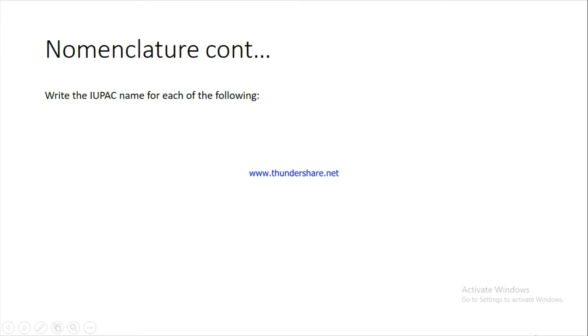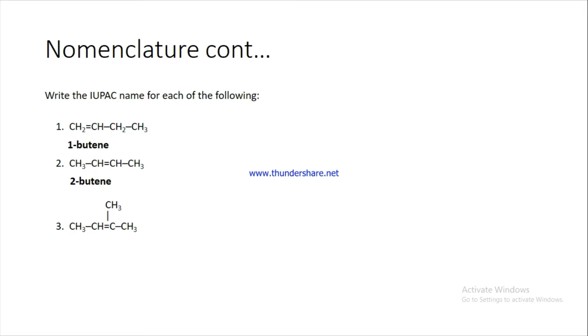We'll continue with our naming. If you can pause, you might try to name this one. So this one is 1-butene, and this one also becomes 2-butene, and this one now has a substituent.